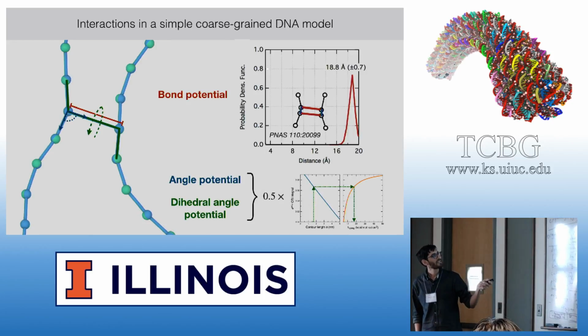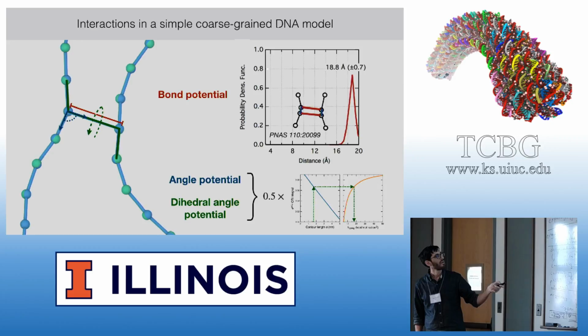And in addition to that bond, crossovers, at least in origami, tend to be aligned. We found that was necessary in order to get decent looking structures, so we add some angle and dihedral potentials that keep the crossover bond orthogonal to the direction of the DNA helix on each side.